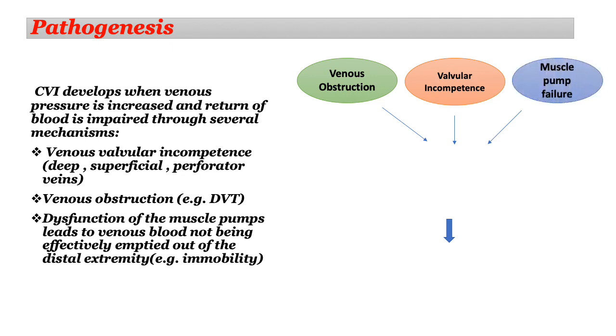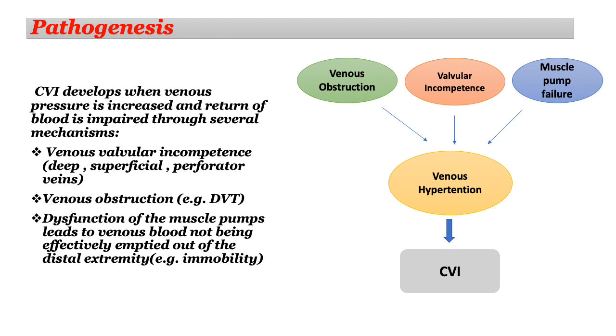Third, dysfunction of the muscle pumps leads to venous blood not being effectively emptied out of the distal extremity, for example, immobility. So, all these 3 mechanisms can lead to venous hypertension in the legs. This venous hypertension will lead to CVI.